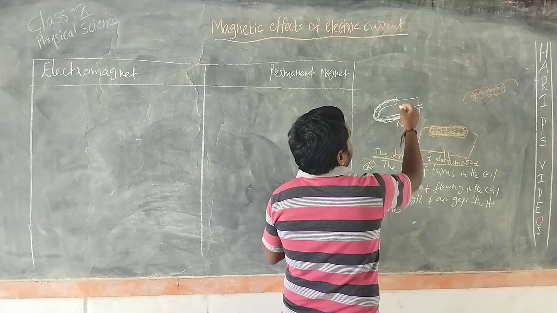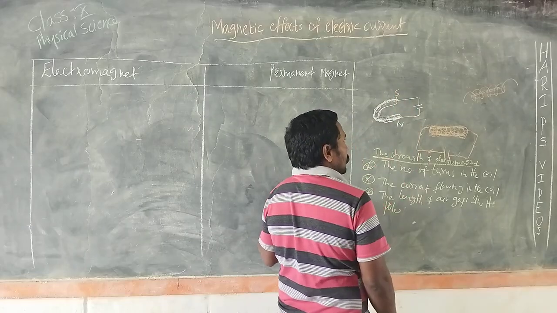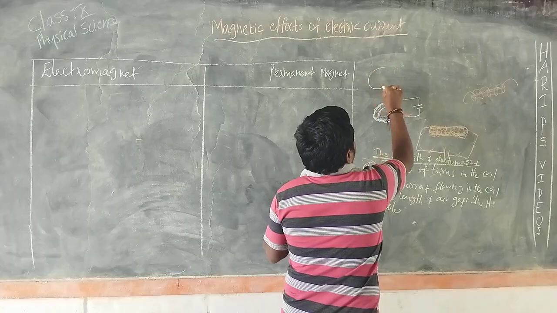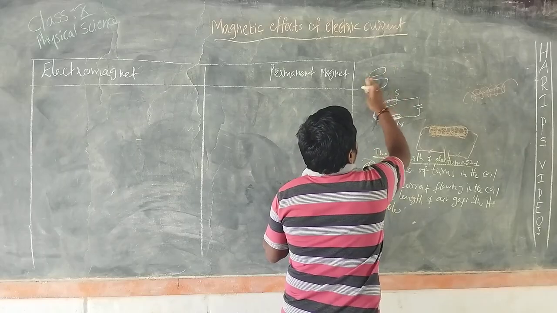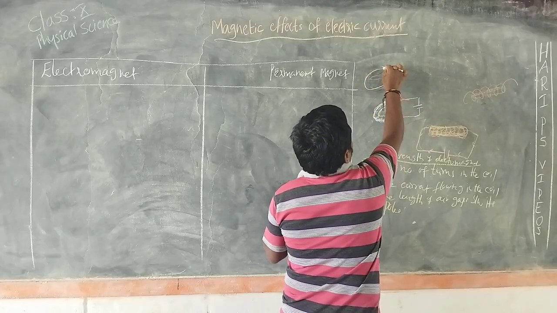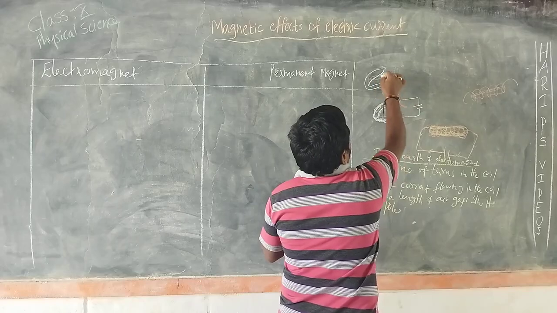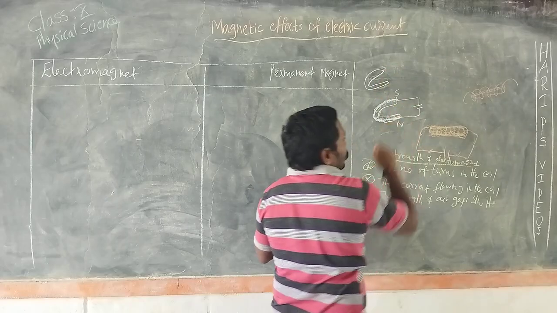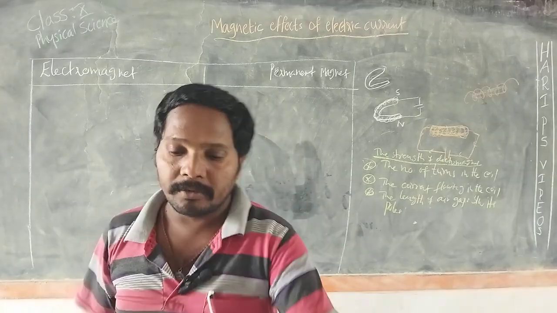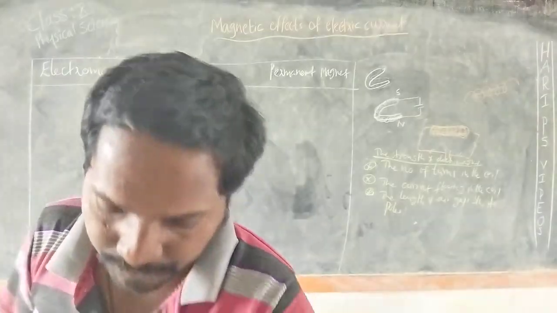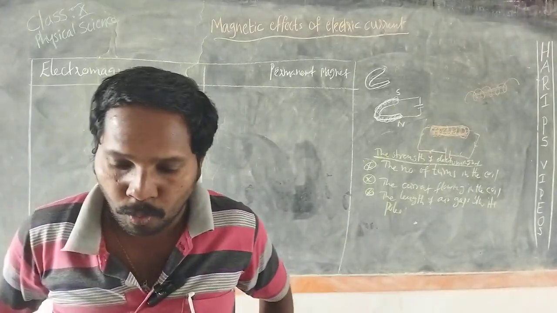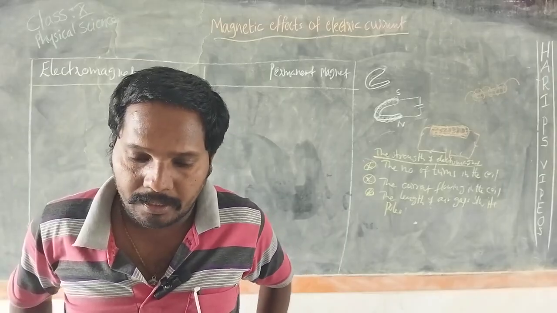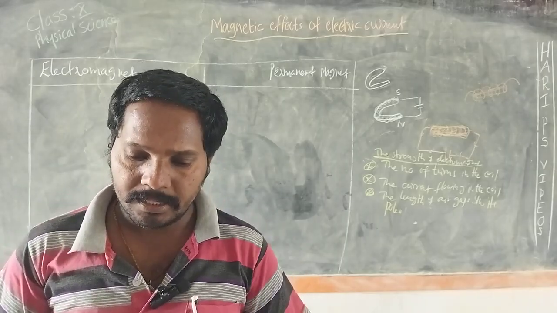So here one end acts as the north pole and the other acts as the south pole. If the length is small, like a U-shaped magnet, the gap between the two poles of the electromagnet is small, and its strength increases.